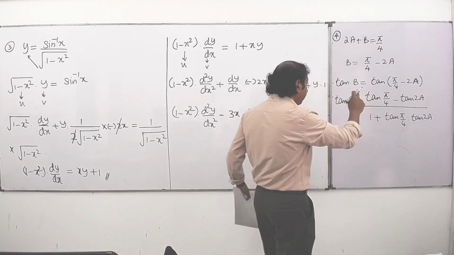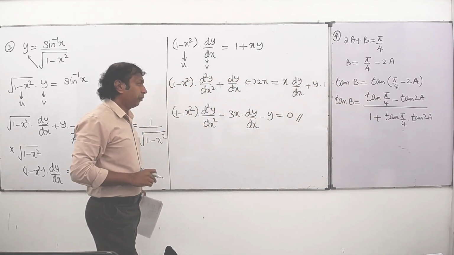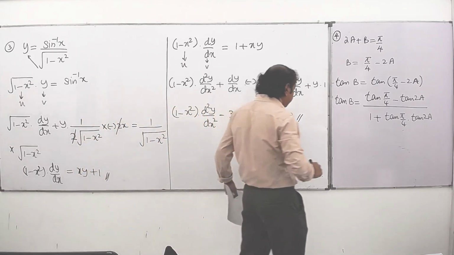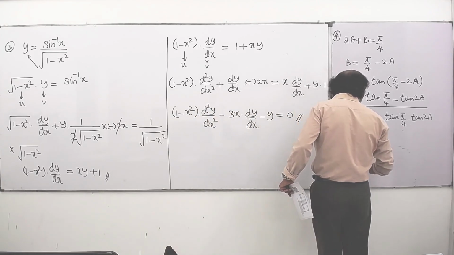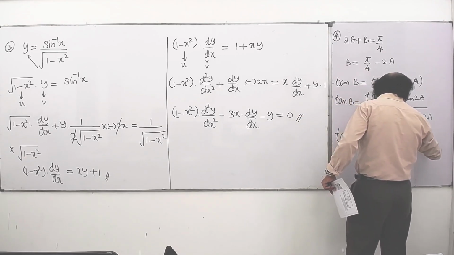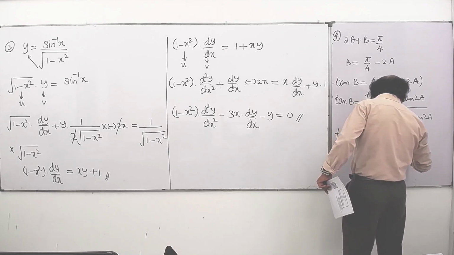You know tan pi by 4, tan 45, is 1. So here 1 minus tan 2a divided by 1 plus tan 2a.